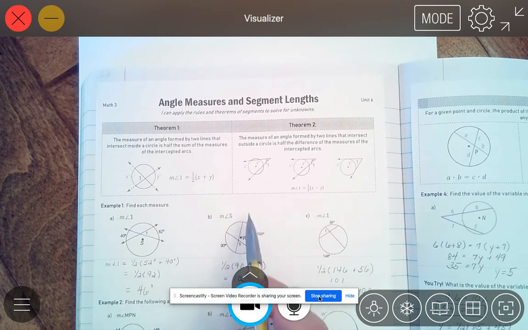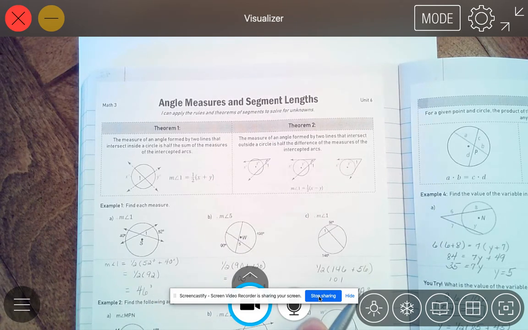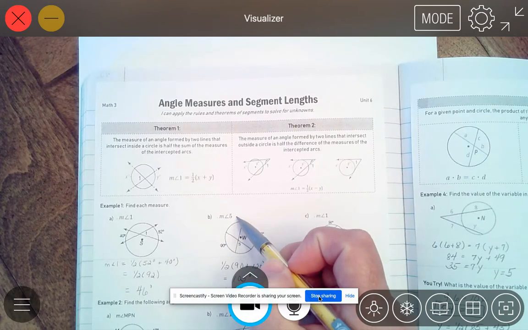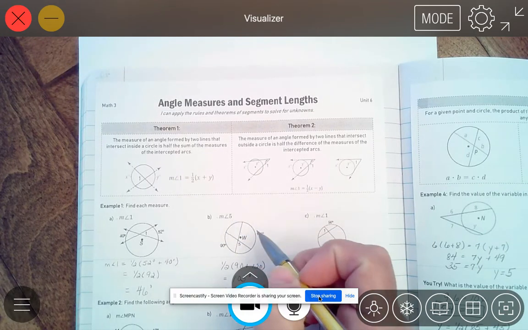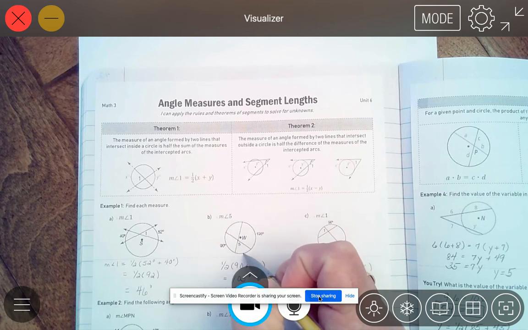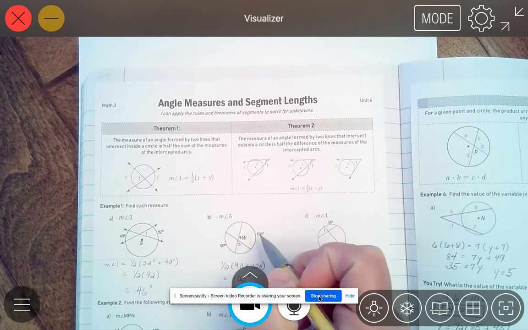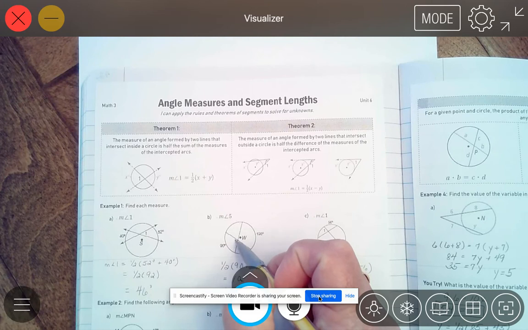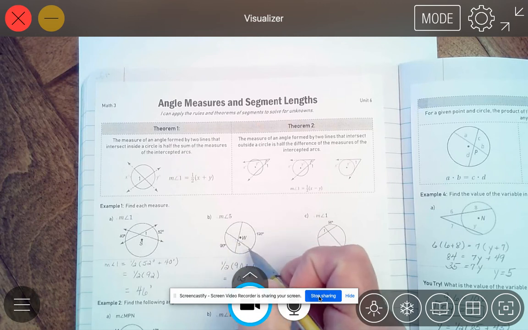This one over here is a little different. I'm asked to find the measure of angle 5. Well, I don't know what this one and this one is at this point, but I can find the measure of this angle right here. That's going to help me because once I know the measure of this angle, a straight line is 180 degrees.